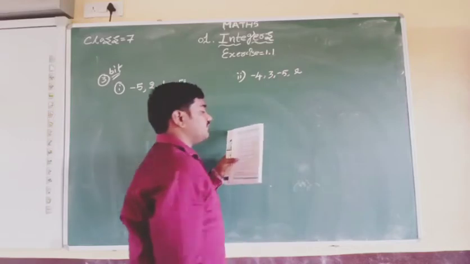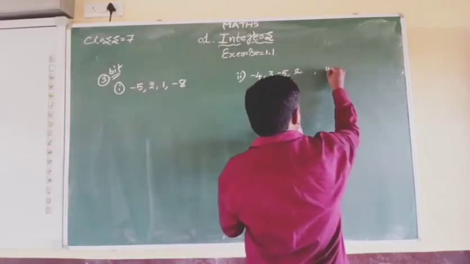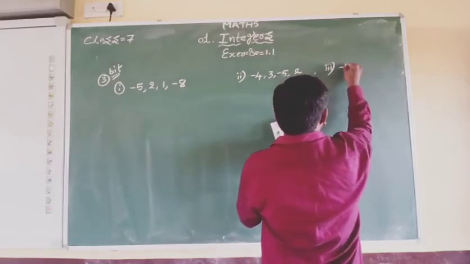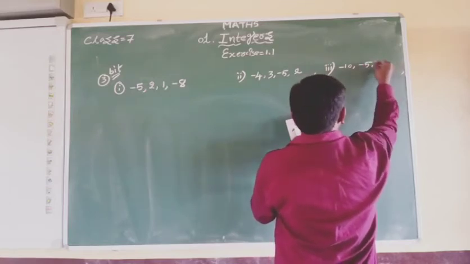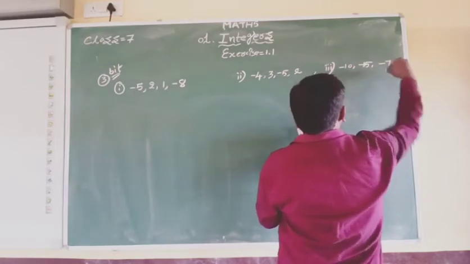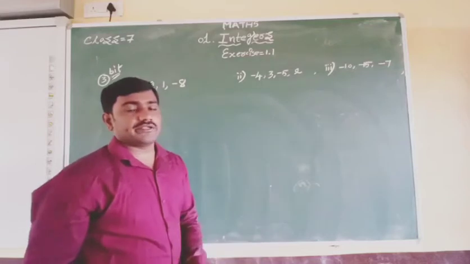Then there is one more question here also. Third one: minus 10, minus 5, minus 15, minus 7. These are the 3 questions given in the bit.